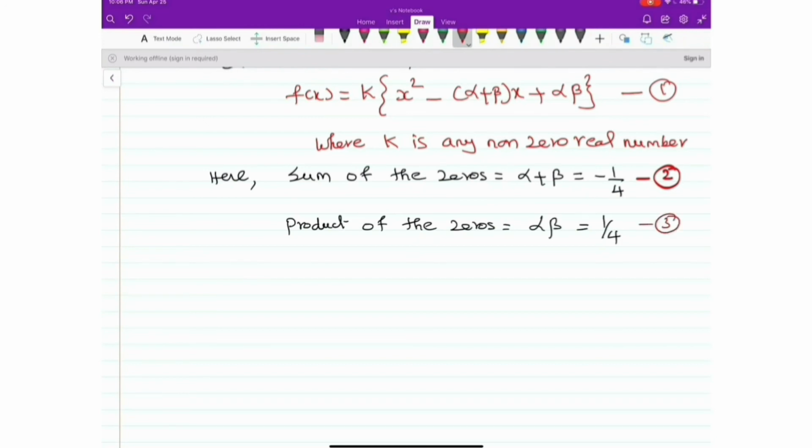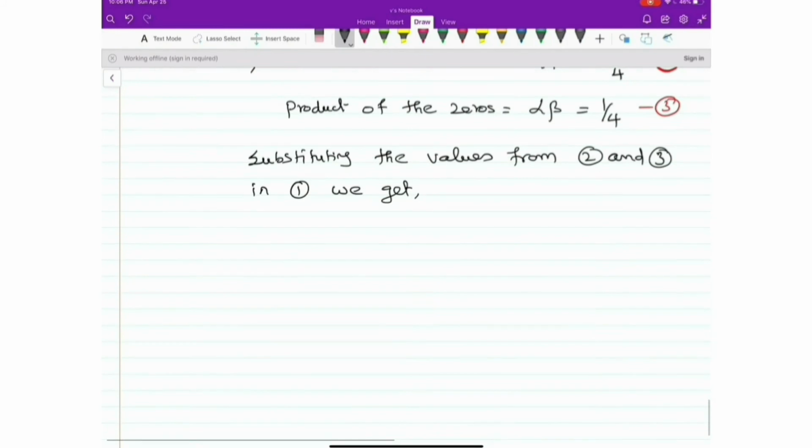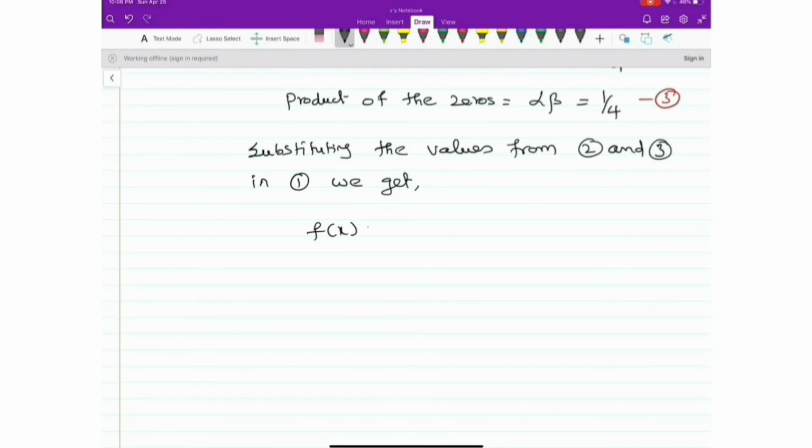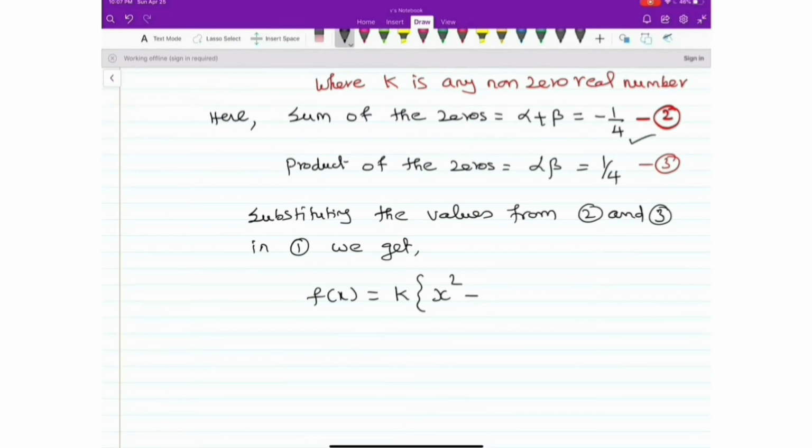Then the very usual steps, substituting the values from 2 and 3 in 1, we get f of x is equal to k into x square minus alpha plus beta. You know alpha plus beta is minus 1 by 4 and alpha beta is 1 by 4.